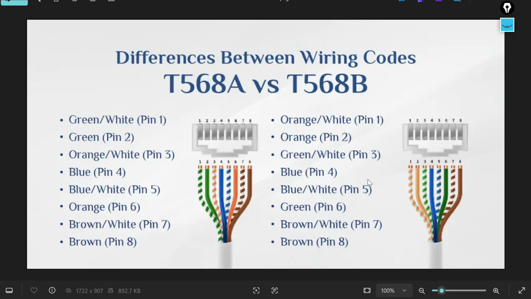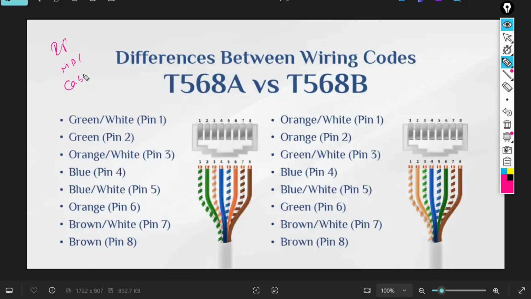Okay, so this is about our LAN cables. In the next session we will discuss ping, how to check the connectivity. So till now we have completed IP address, MAC address, and we have completed cables also.